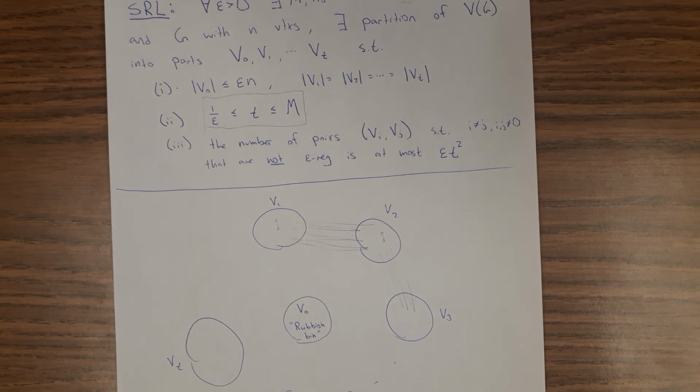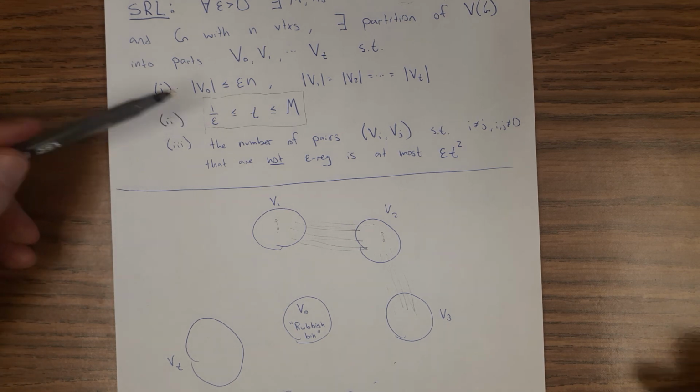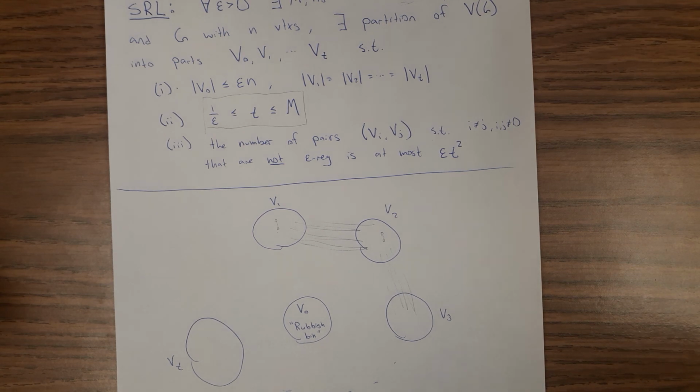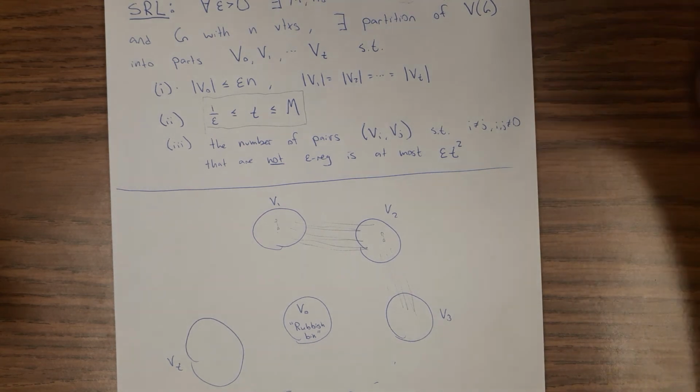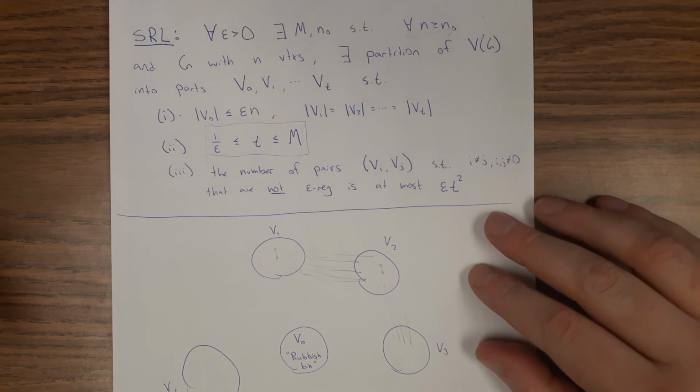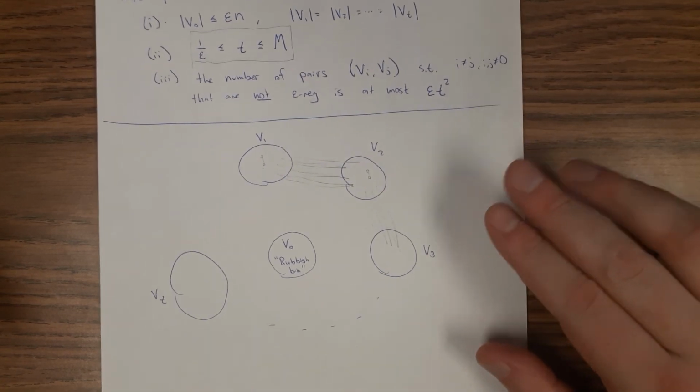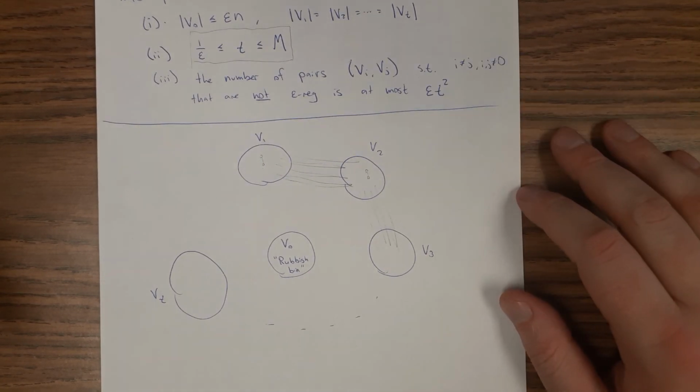It would not be surprising that that's true. It's surprising that the regularity lemma is true, partly because of this condition too, because the number of parts is not too large and not too small. Anyway, maybe I've gone on long enough about this for right now, so I'll leave this video here.